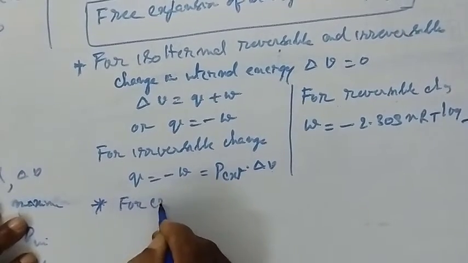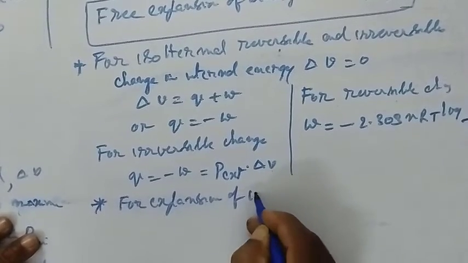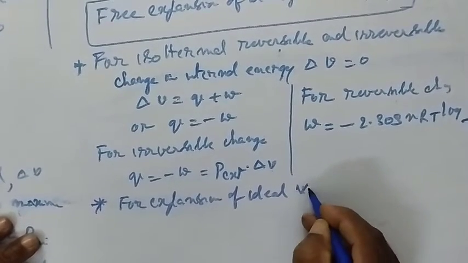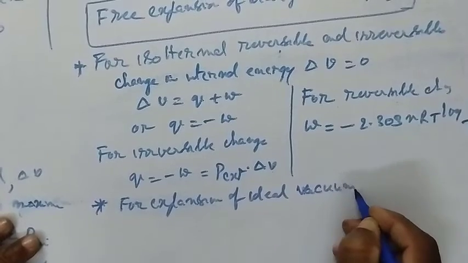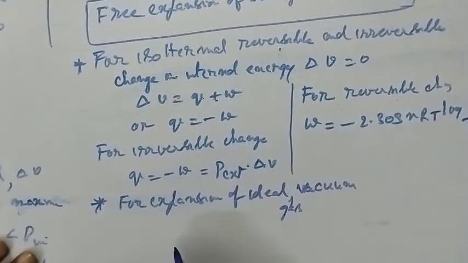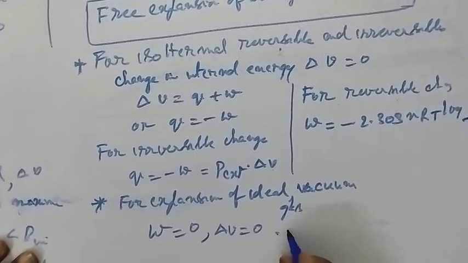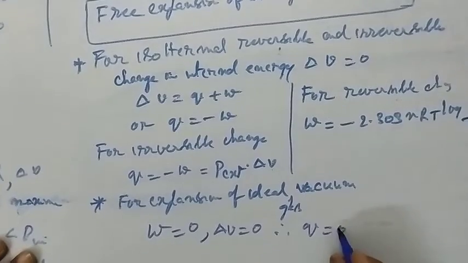For expansion of ideal gas in vacuum, W equal to 0, delta U equal to 0, therefore Q equal to 0.